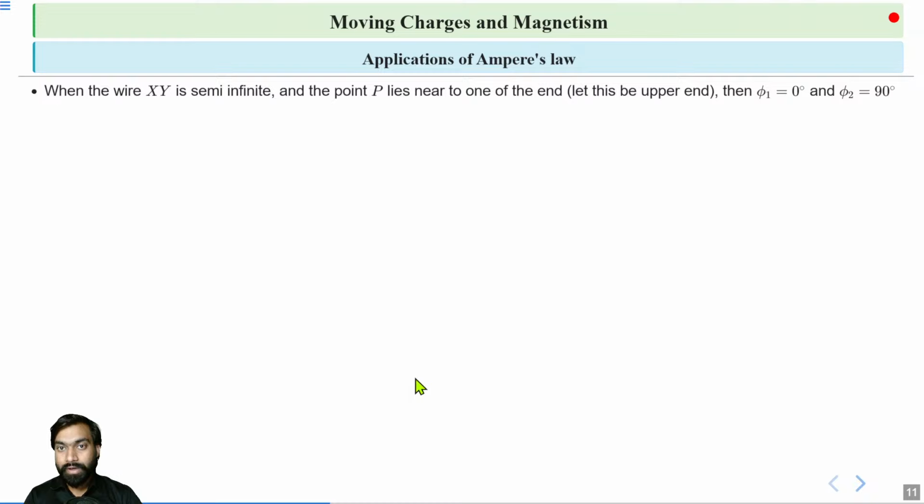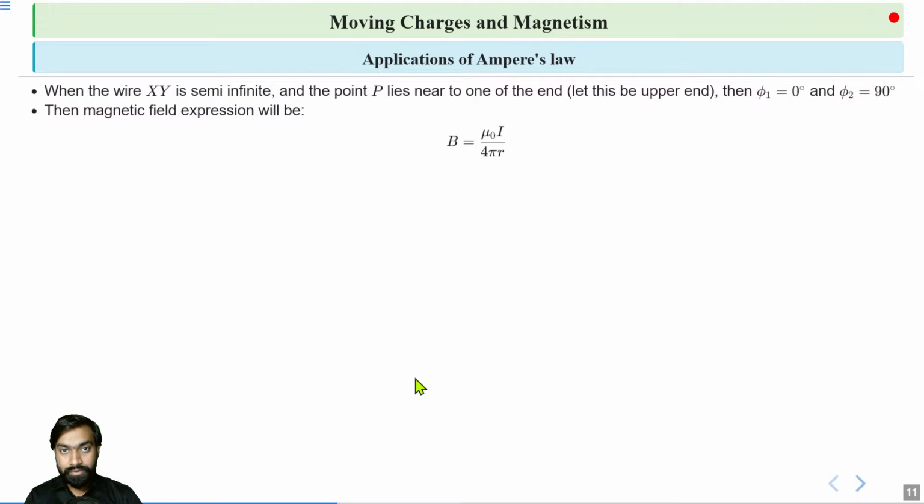So when a wire XY is semi-infinite, it means it extends infinitely in one direction but has a defined end in the other. Consider a point P located near the upper end of the wire. At this position, the angles are phi 1 equal to 90 degrees along the wire direction at the end, and phi 2 equal to 90 degrees perpendicular to the wire.